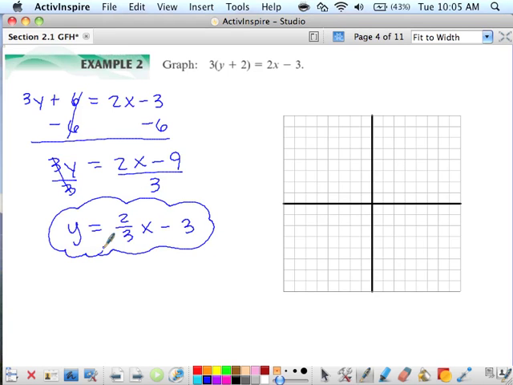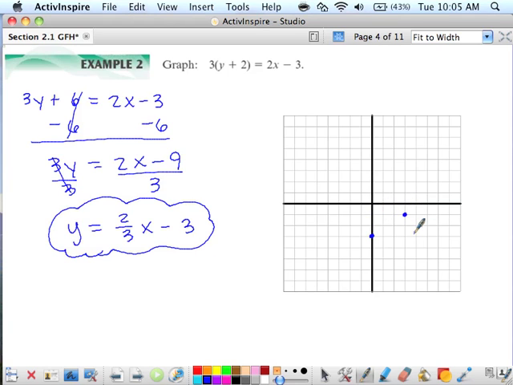From there, where do I put my first dot on my graph? At -3 on the y-axis. So -1, 2, 3, with a slope of positive 2/3. So from that point, I'm going to count up 1, 2, and over 3. 1, 2, 3.